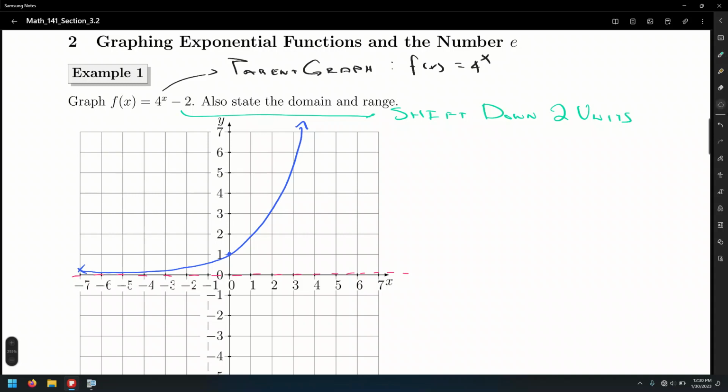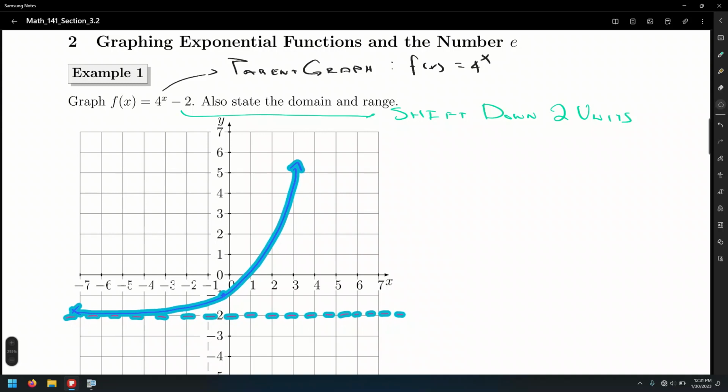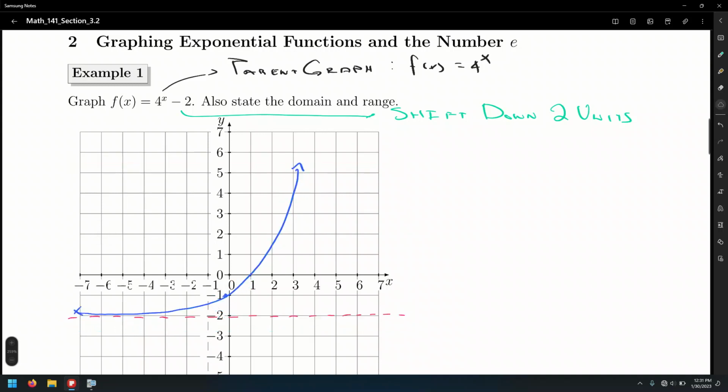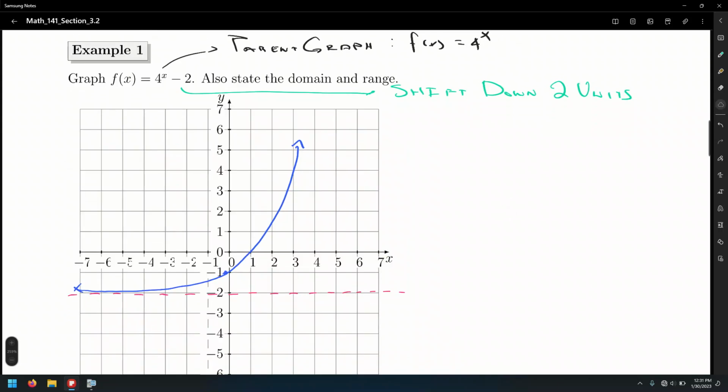All we can do is graph this graph along with its horizontal asymptote, and shift this 2 units down. And that's all it does. That's about it. So make sure to shift not only the graph, but also the asymptote.